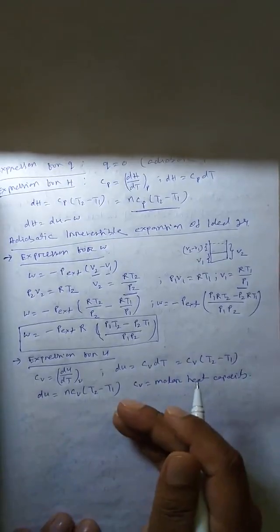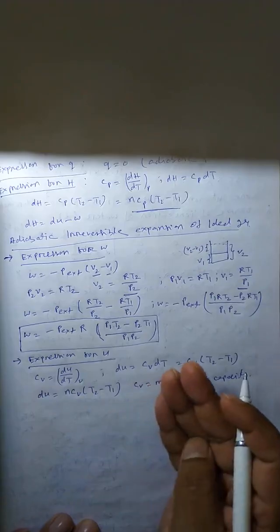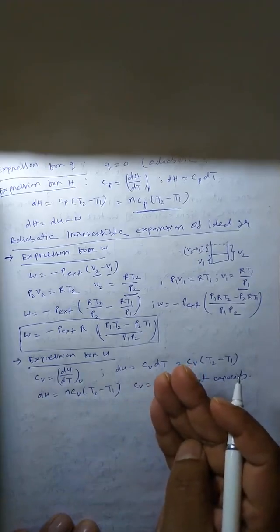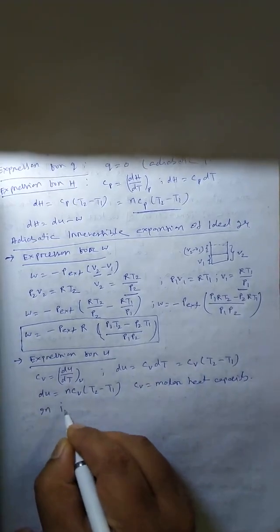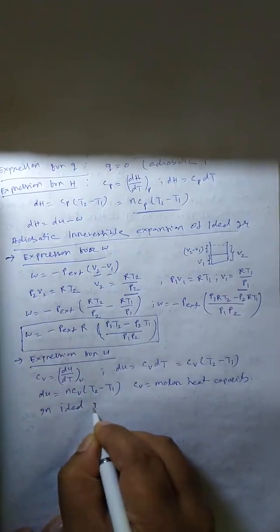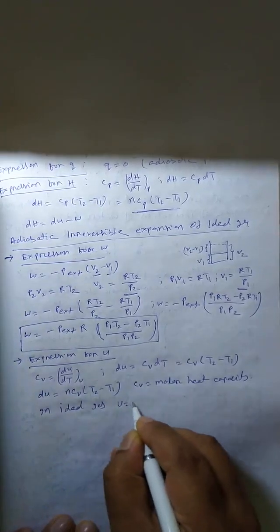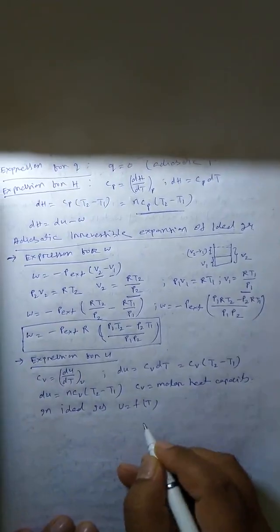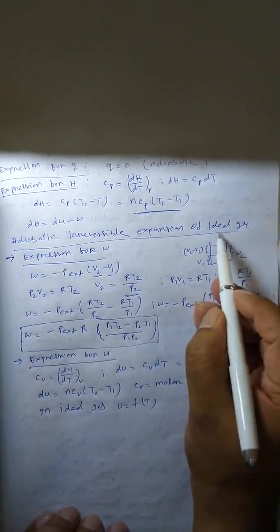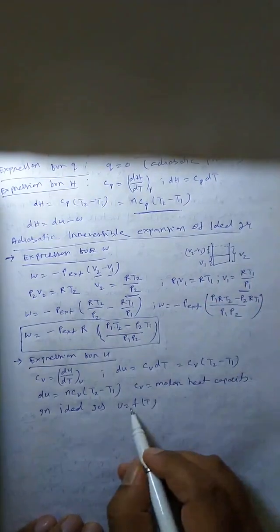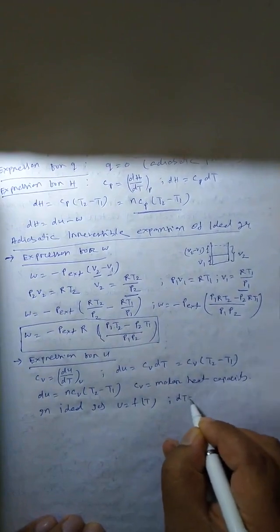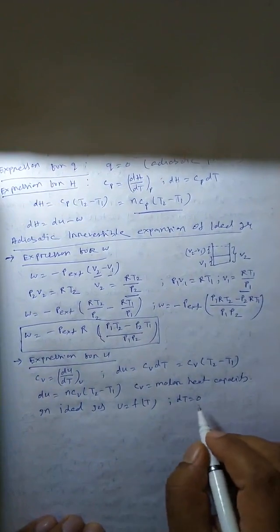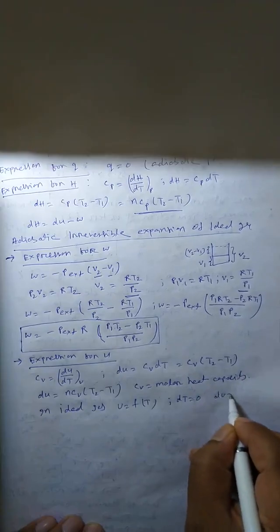Or, if there is no temperature change, that means dT is equal to 0, because in an ideal gas the internal energy is a function of temperature. So when dT is equal to 0, then dU is also equal to 0.